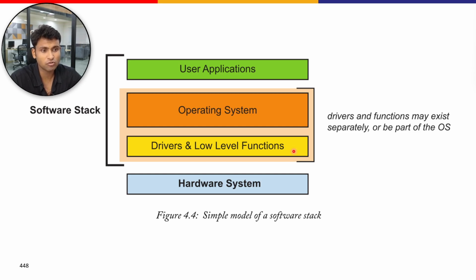Drivers manage hardware components like I/O ports, memory and other peripherals, providing a standardized interface to the upper layers of the software stack. Low-level functions may include basic I/O operations like printf statements, interacting with USB or UART protocols, and some memory management routines and initialization code necessary for proper hardware functionality.